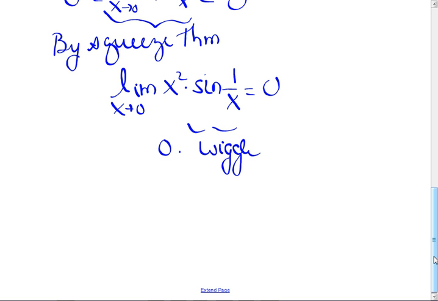Is x, the limit of x sine of 1 over x, is that x strong enough to overpower the wiggles? Maybe or maybe not. This is 0, and this is wiggling. 0 times infinity, I don't know. We'll eventually get to all the forms. There'll be 7 of them.